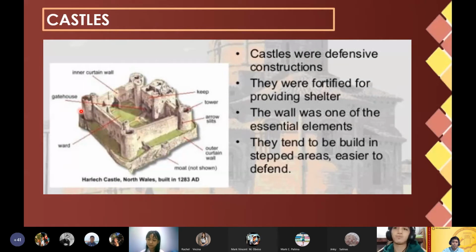They built them in hilly areas so that if enemies approach, they can easily see them. And the way they design their castles and buildings makes defense easier, with the king at the center. Later on, we will discuss the castles part by part.